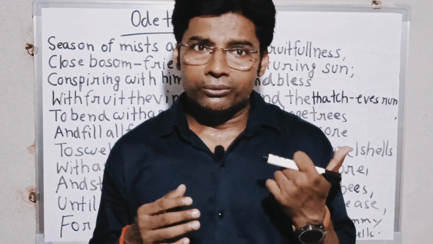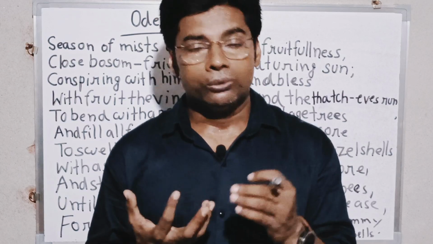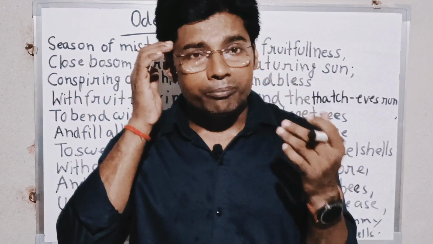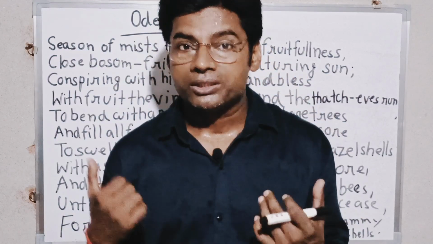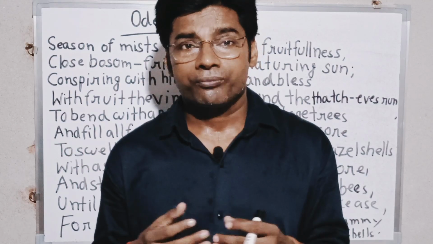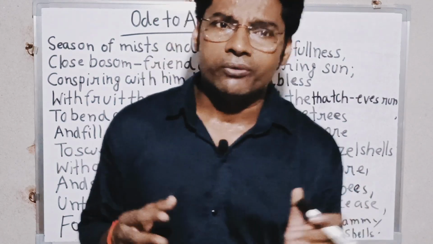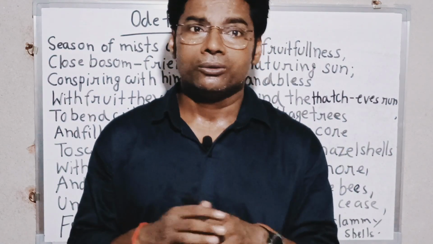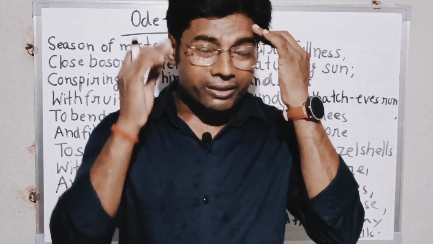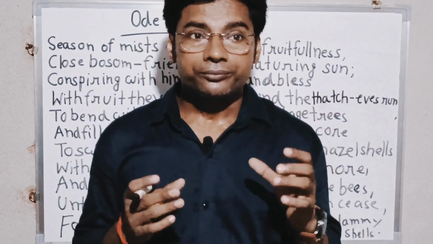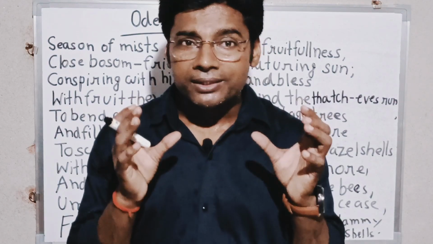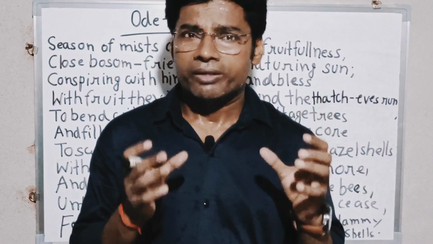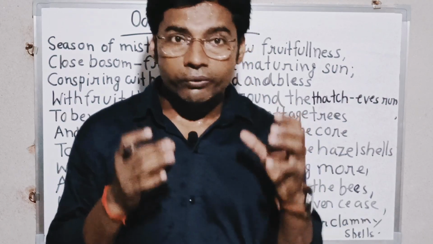But here, like in his other odes, like Ode on a Grecian Urn, Ode on Melancholy, Ode to Psyche and Nightingale, the approach and the attitude of the speaker of the poem is to a great extent different. Somehow he is not very much bothered about death and destruction, or about the transient happiness, the transient joy in human life.